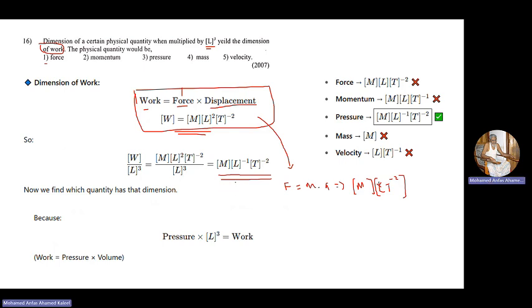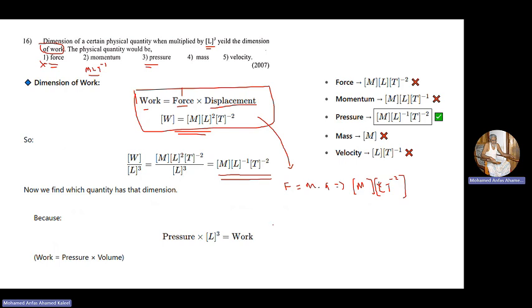So we will check one by one. M L minus 1 T minus 2, what is that? Force? No, force is M L T minus 2. It is not the answer. Momentum is M L T minus 1. It is also not the answer. So what about the pressure?